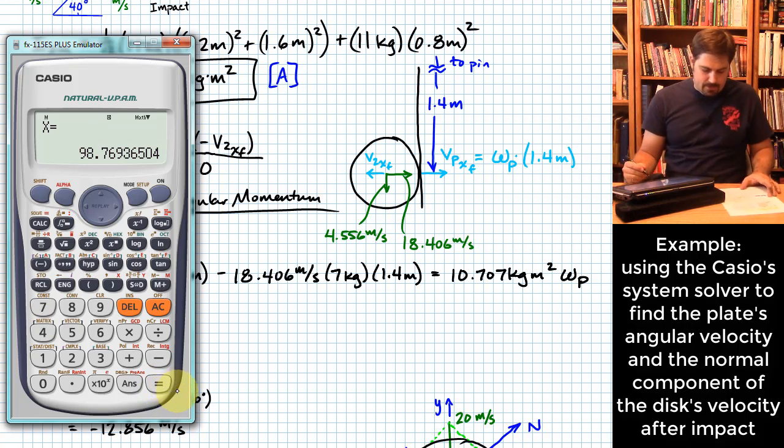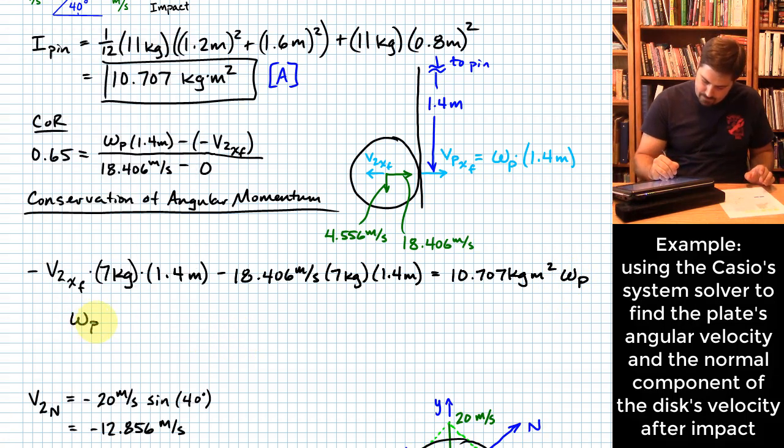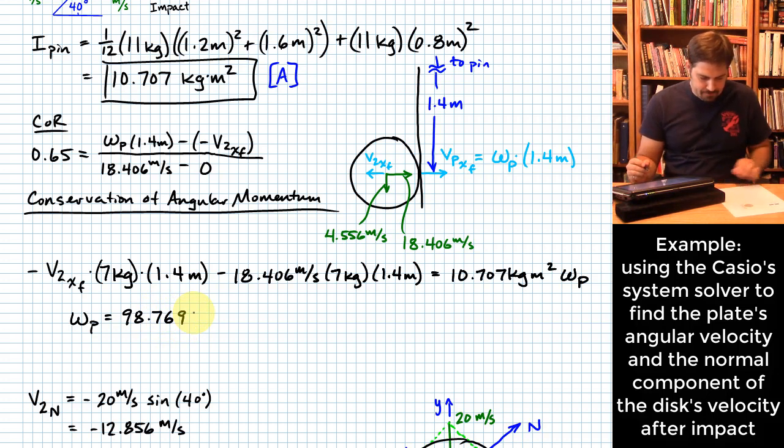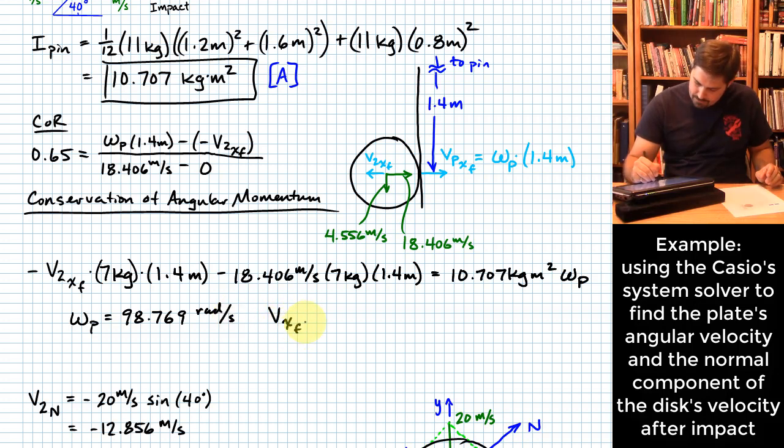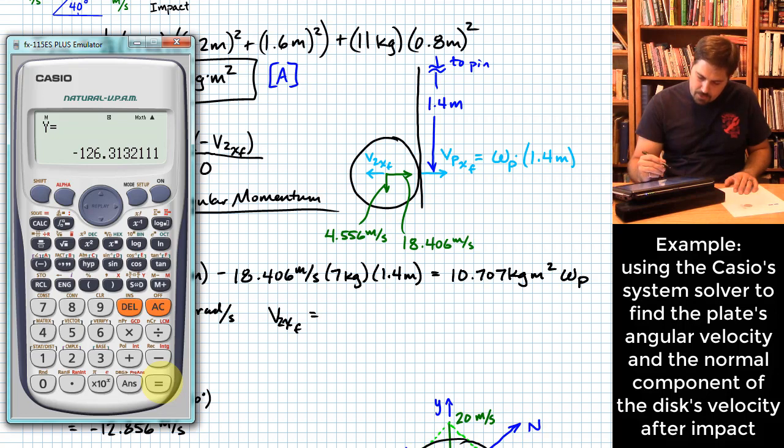And that gives me a final angular velocity of 98.769, and it gives me a V2xf of negative 126.31 meters per second.